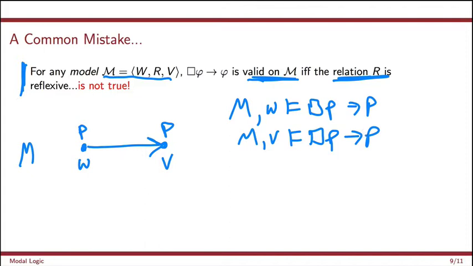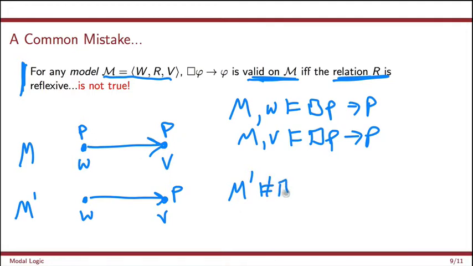It's valid because of the particular valuation for P. I could find another model based on the exact same frame, with W and V, in which P is true only at V. In this model, M prime, M prime does not satisfy box P implies P, because box P is true at state W, but P is not true at state W. At state V, box P implies P is true, again just for a trivial reason, because P is true, so the implication is immediately true.